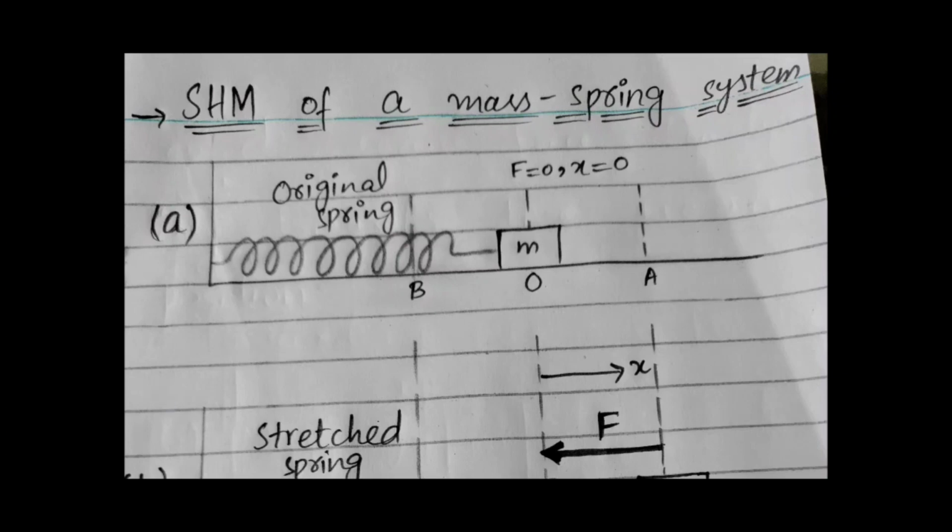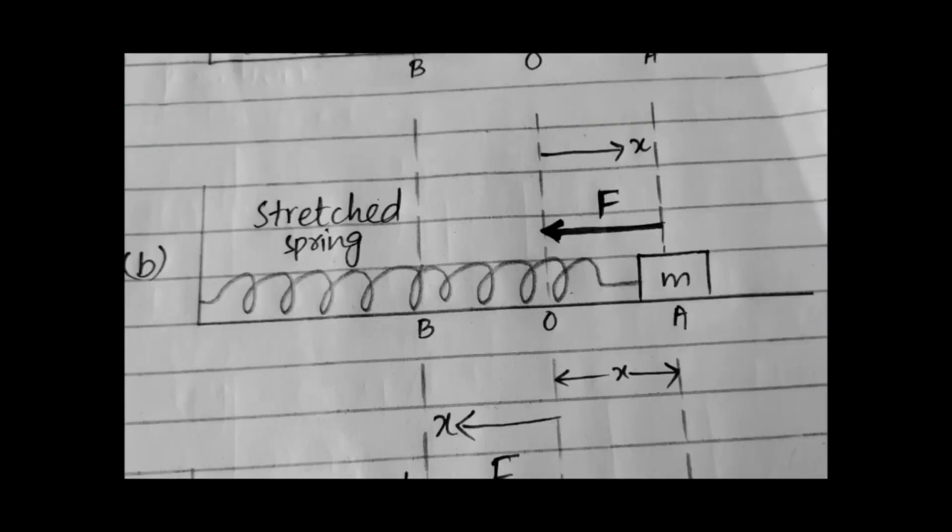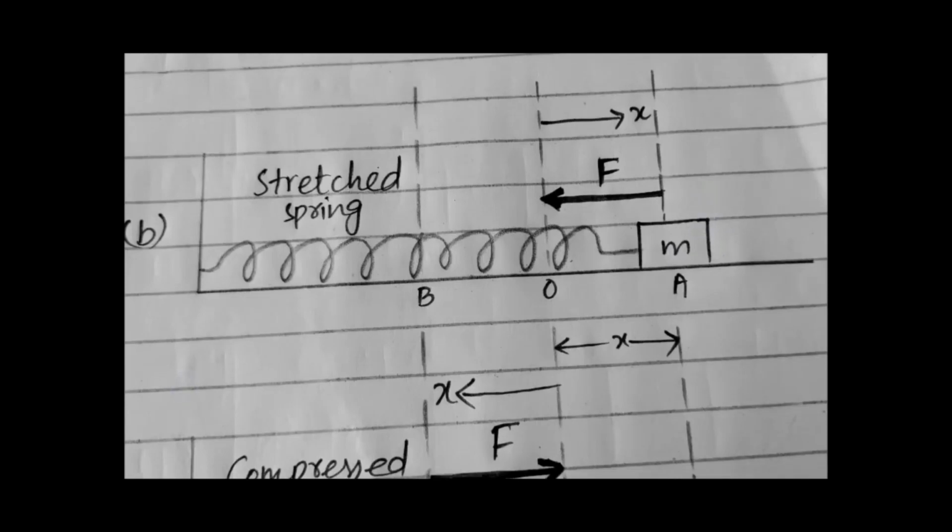And if we change the length of the spring by increasing its length, which is called a stretched spring or expanded spring, that is an increase in the length of the spring. In figure B, we displace the mass m from position O to position A, and the spring covers displacement, not distance, displacement x. Now the spring is not in its balanced state.